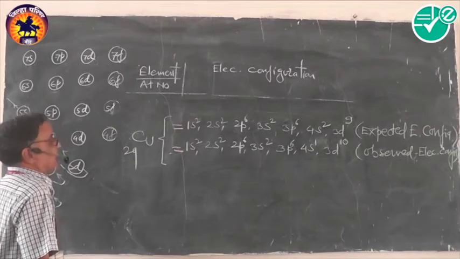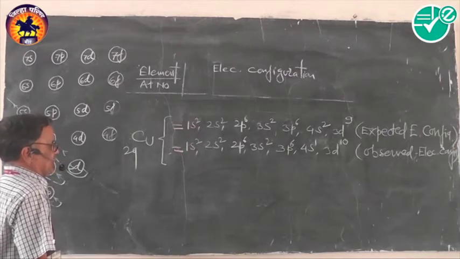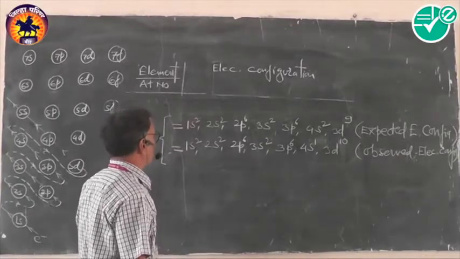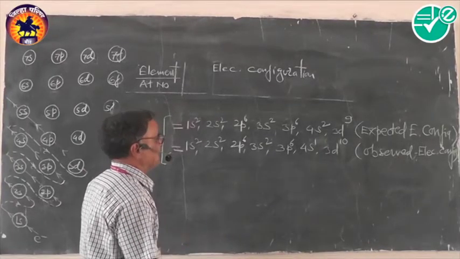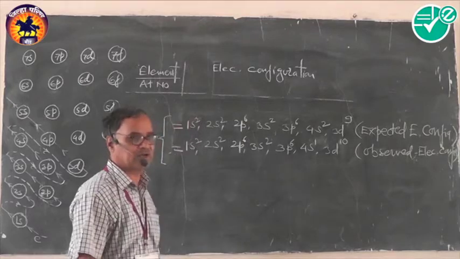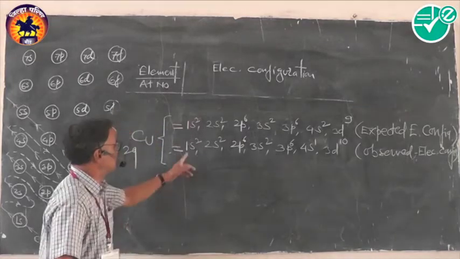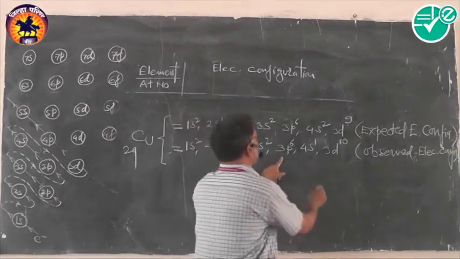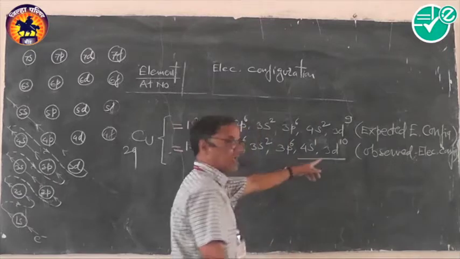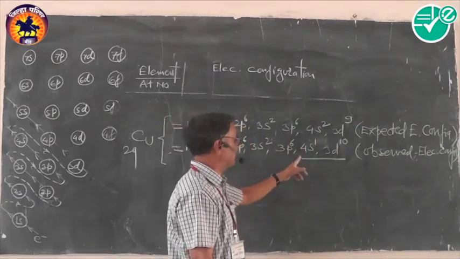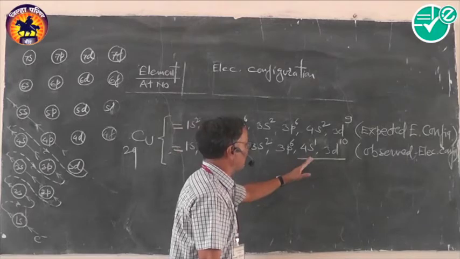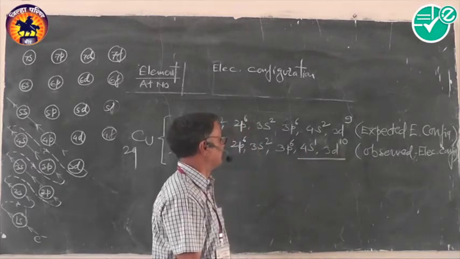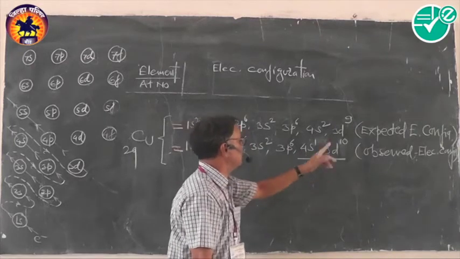But in actual practice, while taking part in a chemical reaction, in order to give stability to the nucleus of copper, copper shows a different electronic configuration, called the observed electronic configuration, equal to 1s2, 2s2, 2p6, 3s2, 3p6. Look at these two, the last and last but one sub-energy levels: an electron moves from the 4s sub-energy level towards the 3d sub-energy level, or from the 4s orbital to the 3d orbital.